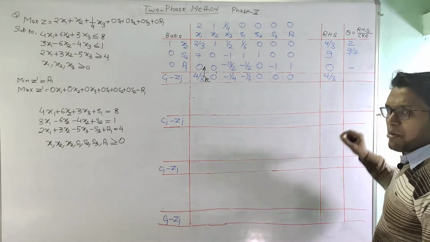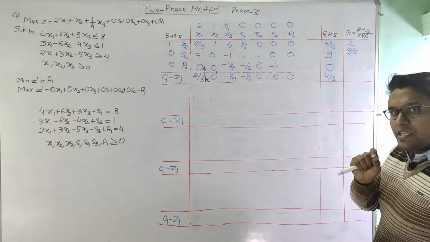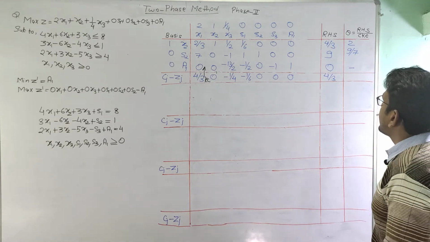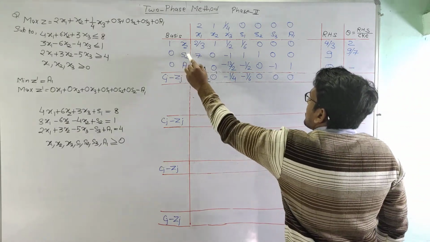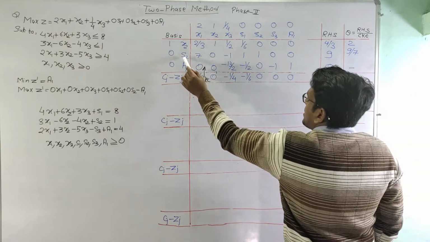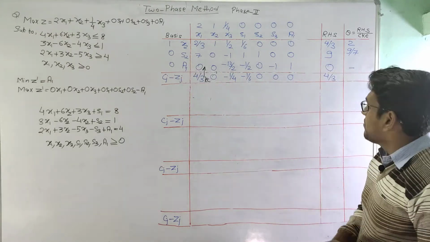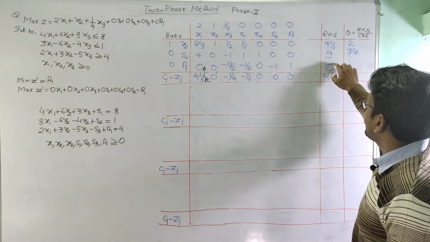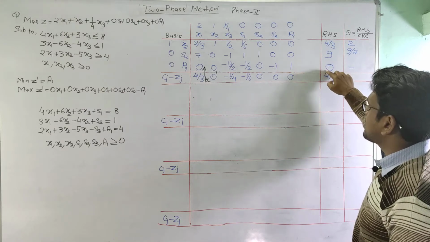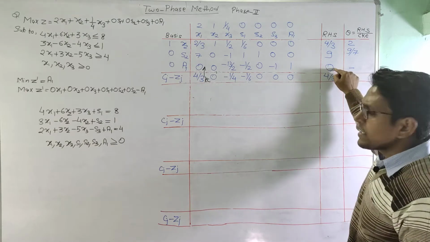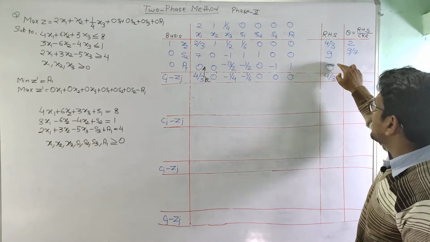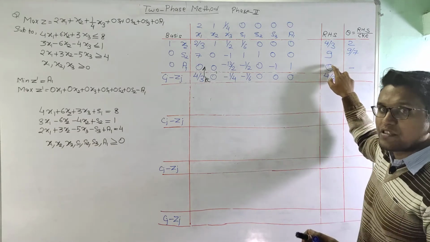But before doing that, we need to consider one thing: after selecting this particular variable as the leaving variable, we must not change the value of this 0. That means the corresponding value of the artificial variable in the right hand column is 0, and this should not change to positive.